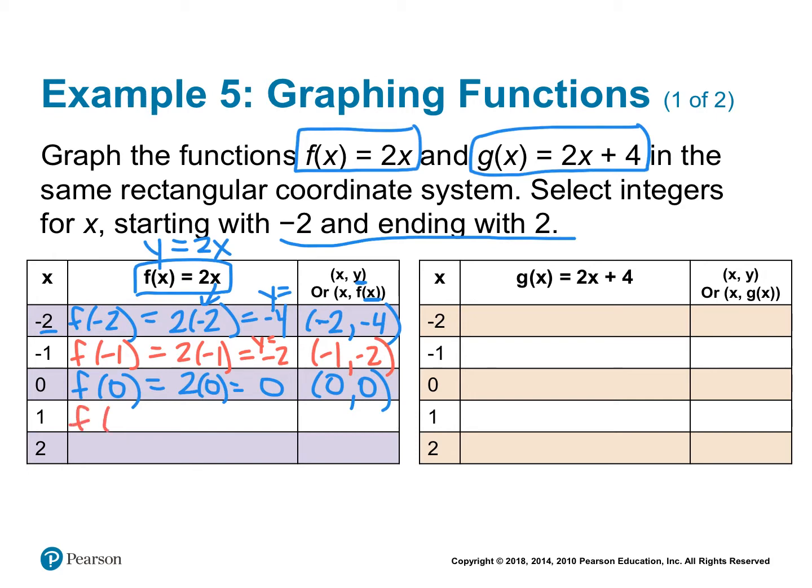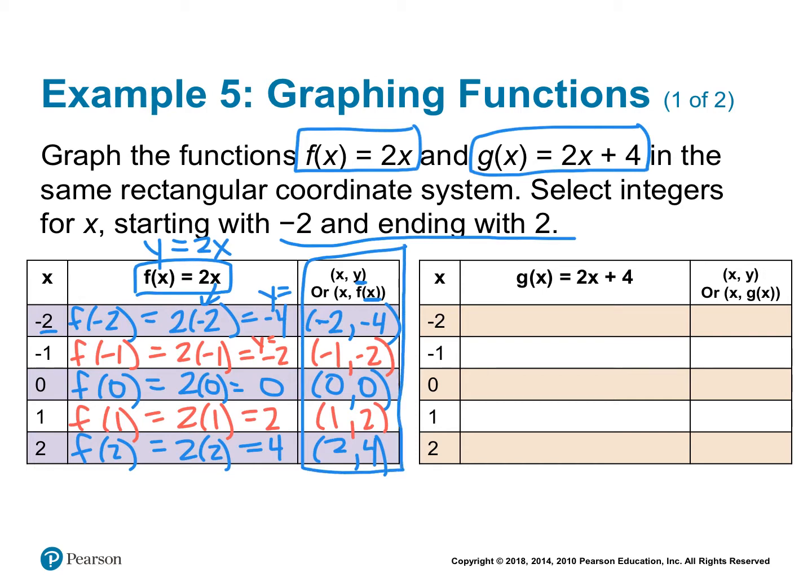Then f of 1, 2 times 1, which is just 2. So 1, 2. And the last one, f of 2, would be 2 times 2, which is 4. So 2, 4. On the next slide, we will graph all of these coordinates and see what we have for a shape.